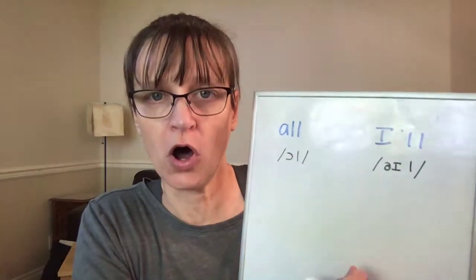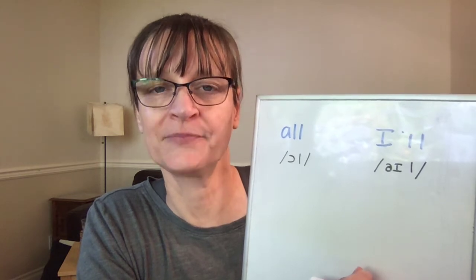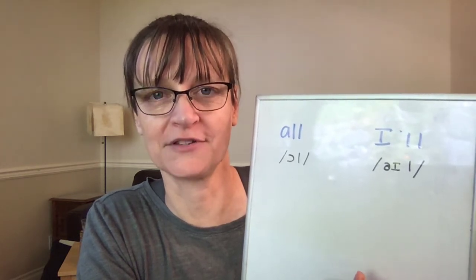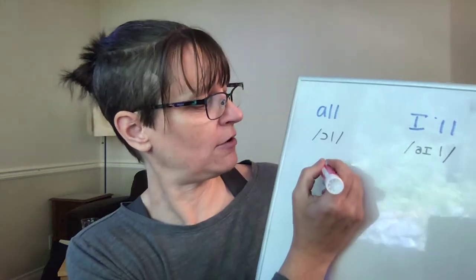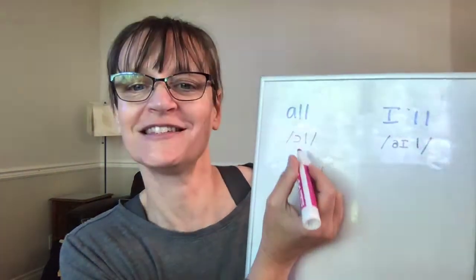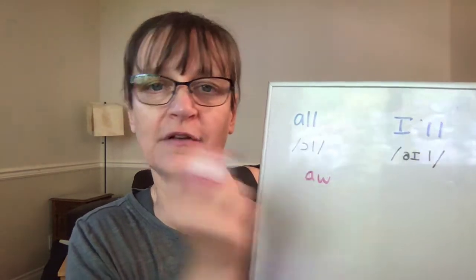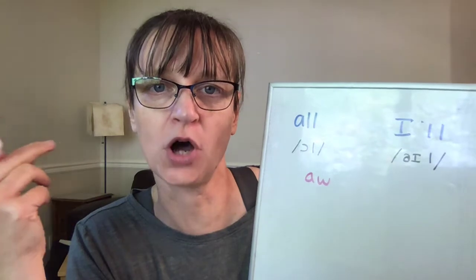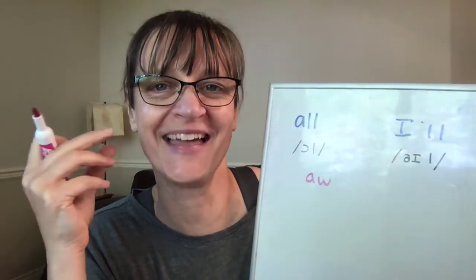So the word all, part of the issue is also that it has letter A, and letter A can make many different vowel sounds in English. In the word all, it's the vowel aw, which this is the IPA symbol for this vowel. It's a rounded mid vowel, so my lips are somewhat rounded, aw, and my jaw is not all the way open.